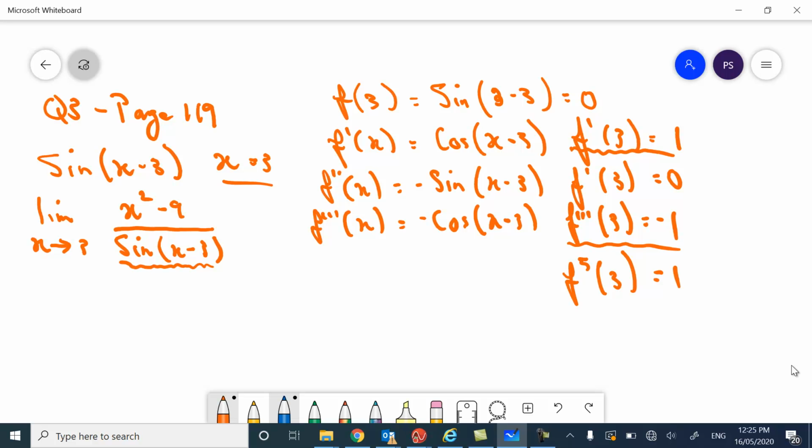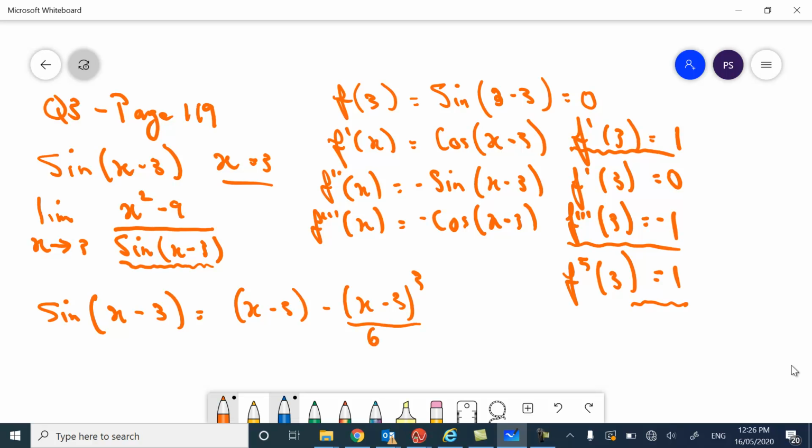So we're just forming a Taylor series here, and we've just found that there. So my Taylor series for sine of x minus 3 will be f of 3, which is 0, and then the first time that we have this is 1, so that will be x minus 3, because it's about the point x equals 3, and then the next will be minus (x minus 3) all to the power of 3 divided by 6, and then the next one will be plus (x minus 3) to the power of 5 divided by 5 factorial, which is 120.